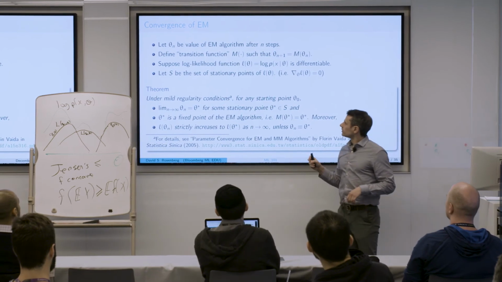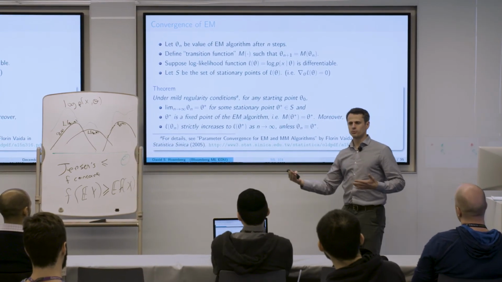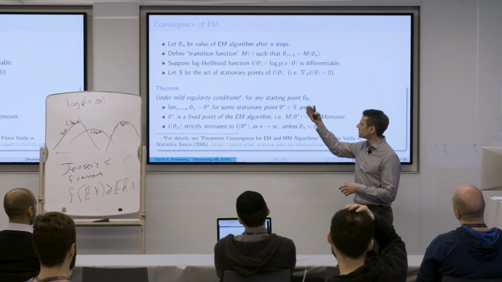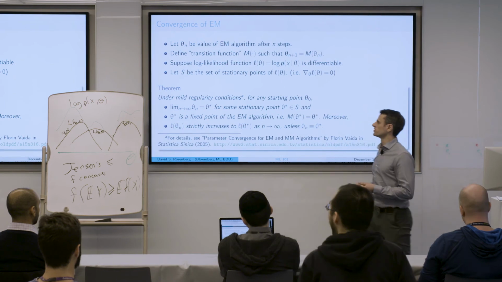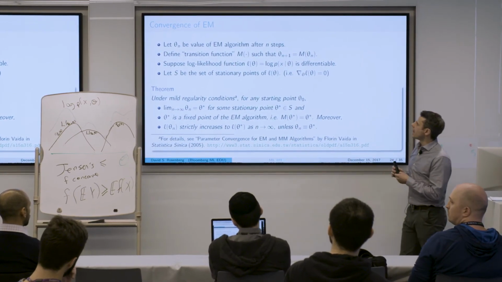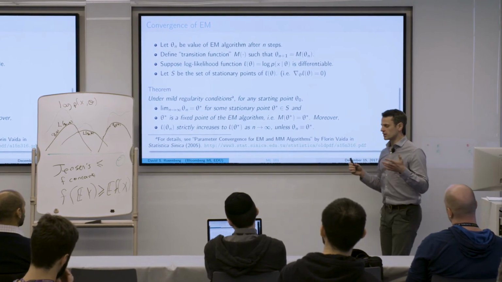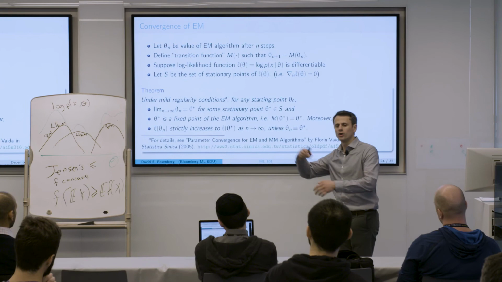Think of the EM algorithm as stepping you through parameter space, through theta space, and let theta n be where you are after each of those steps. We have this transition function, M, which maps you from one theta estimate to the next one after running one round of EM.